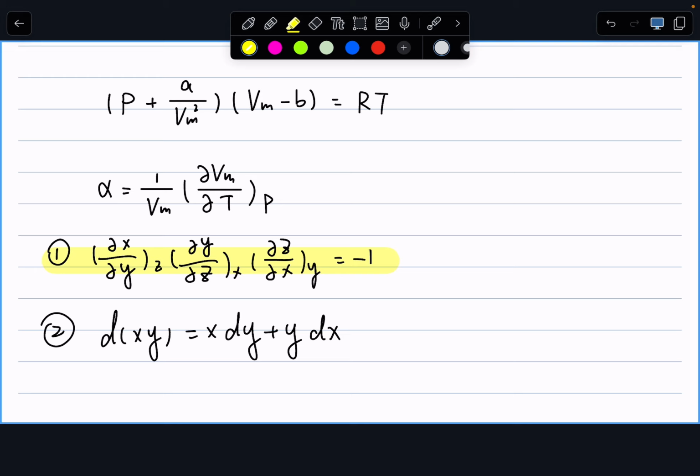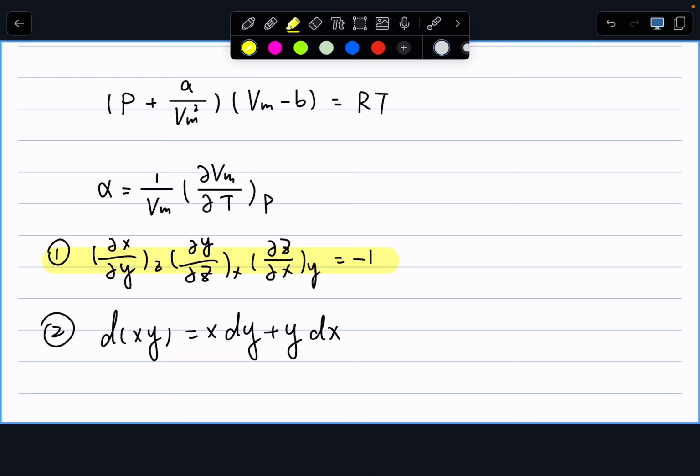So this gives you the partial derivative of Vm over T at constant P equals R times Vm third times (Vm minus B) squared, divided by RT Vm third minus 2a times (Vm minus b) squared. And one last step is to solve for alpha, because for alpha in the front, we have a 1 over Vm term.